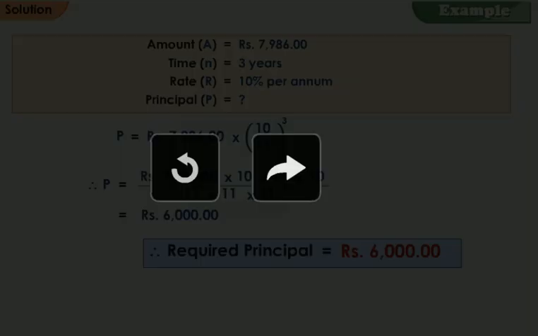Now let us look at another problem. It reads, find the compound interest on rupees 2,000 invested for 1 by 2 years at 10% per annum. Now here is the solution.